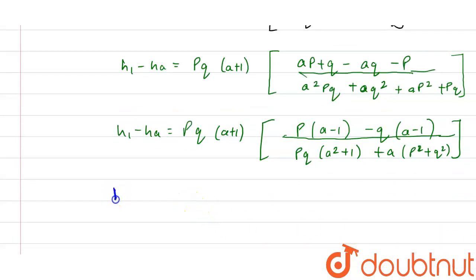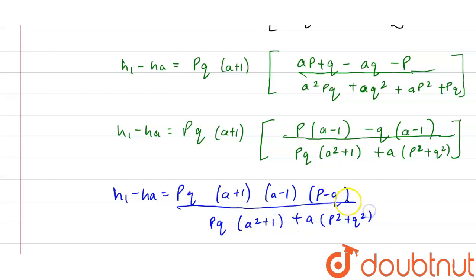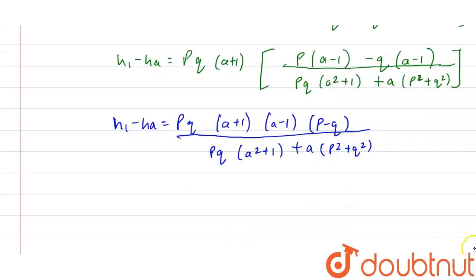Now we can write this equation as h1 minus ha equals pq multiplied by a plus 1 and multiplied by a minus 1 and multiplied by p minus q, and this is divided by pq times a square plus 1 plus a multiplied by p square plus q square.